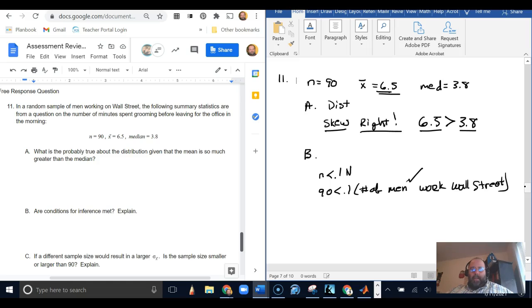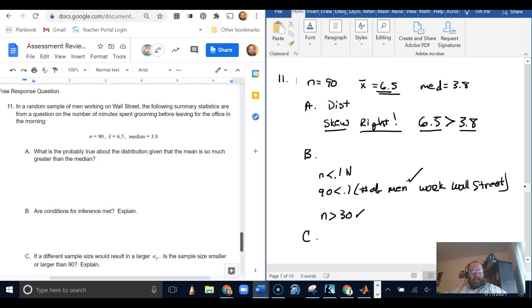So we've got that one. The 10% rule is going to be met. And the second thing that I need to have is that n has to be greater than 30, and 90 is definitely greater than 30. So we're good for conditions of inference, right? So this is the 10% rule. That gets me the correct standard deviation, and n being greater than 30 is going to say that I'm normal enough to draw an inference, right?